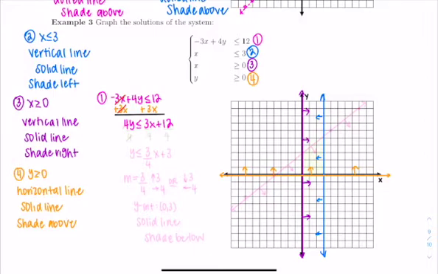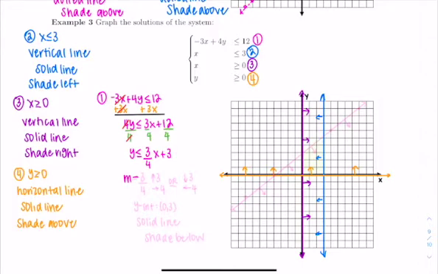And the last thing we can do is divide everything by 4. And so we end up with y is less than or equal to 3/4 x plus 3.